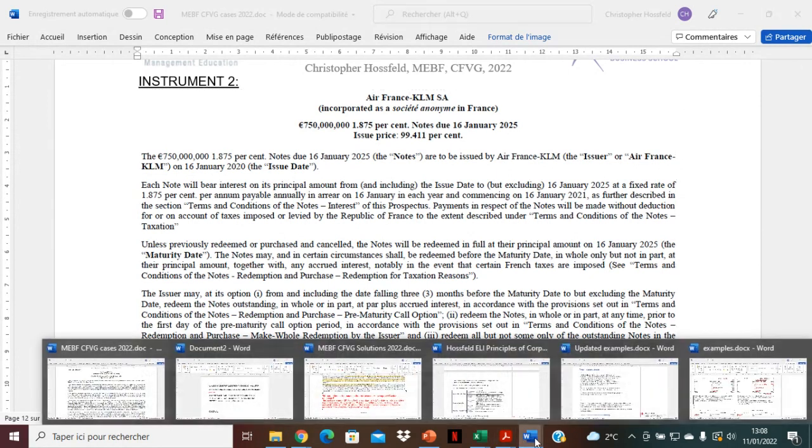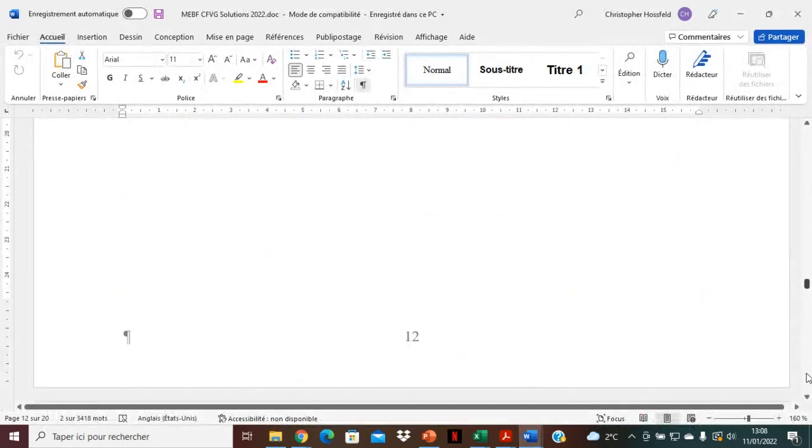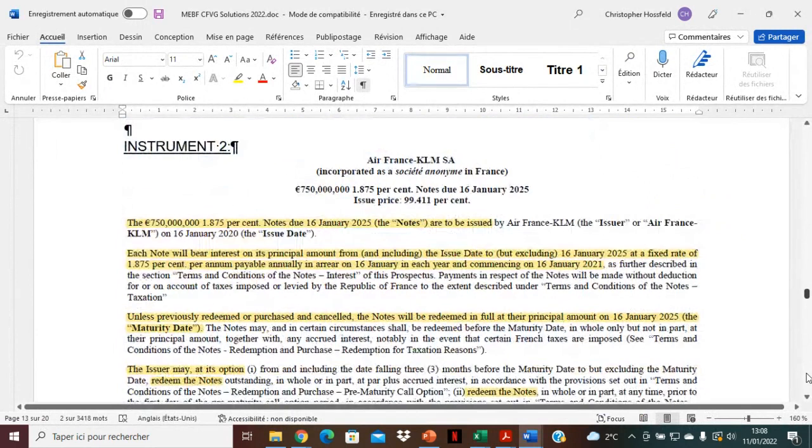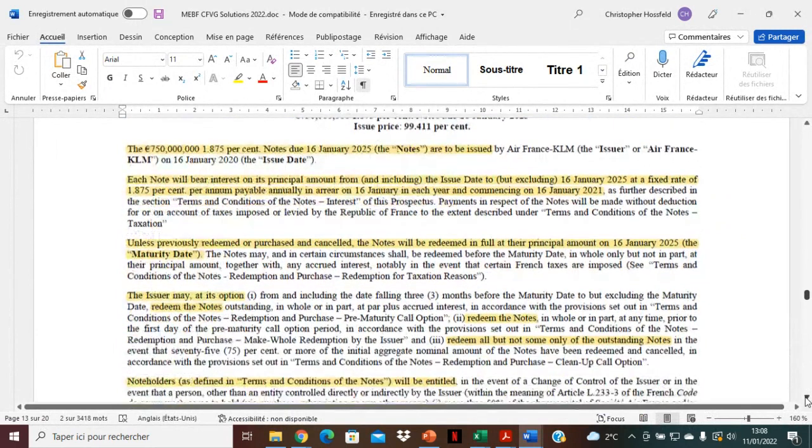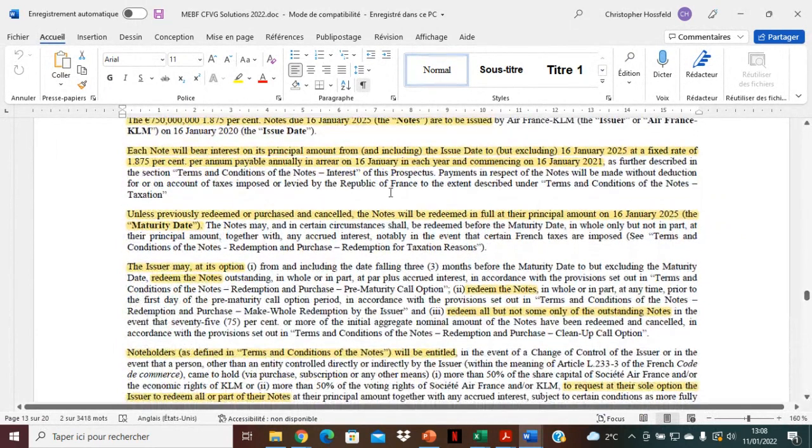Okay, well, same thing. If we look at the main features of the second text, there's nothing fancy. There's a maturity, so a reimbursement date. There's annual interest, etc. And also the issuer may redeem the notes earlier at its option.